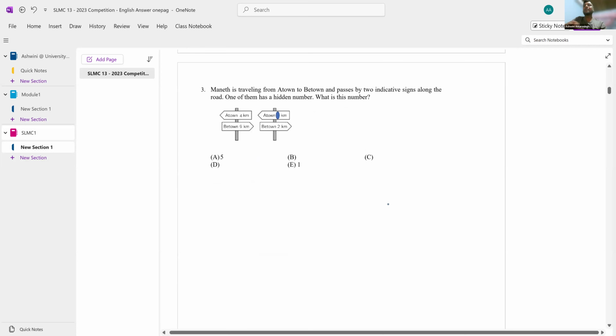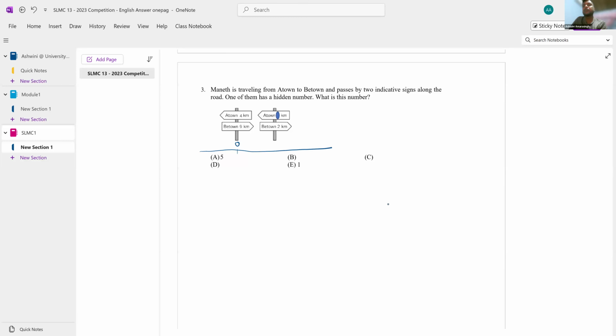Moving on to question number 3. Someone is traveling from A town to B town and passes by two indicative signs along the road. One of them is a hidden number. What is that number? When I encounter a problem like this, I can probably start with a point 0. So that is my 0, and I have a number line like that.